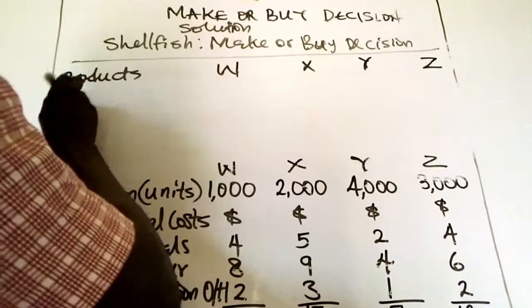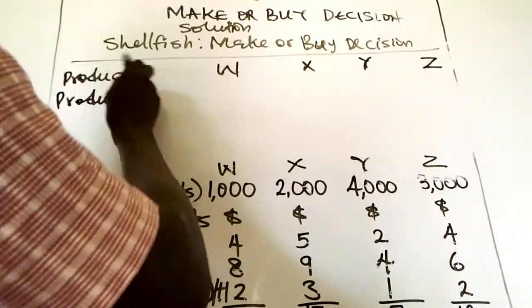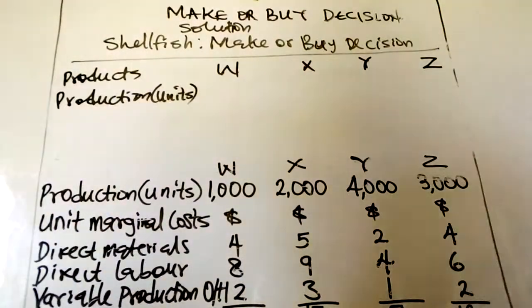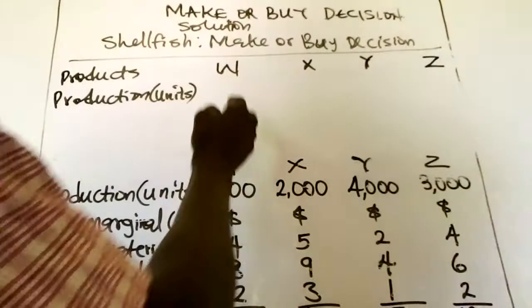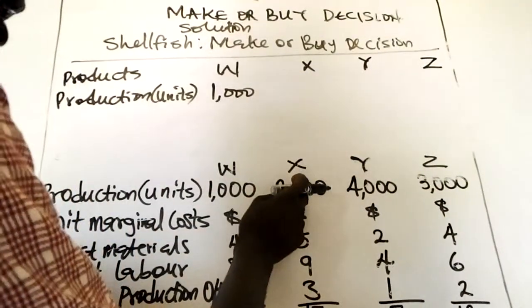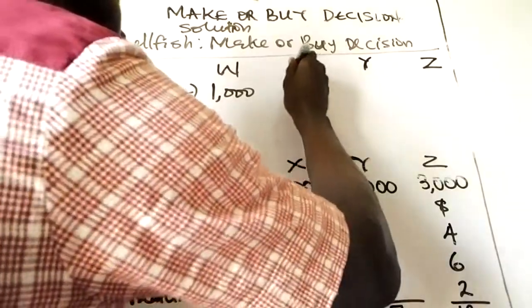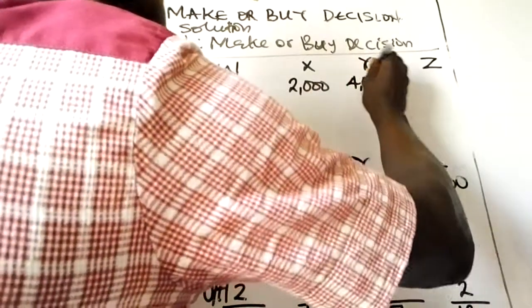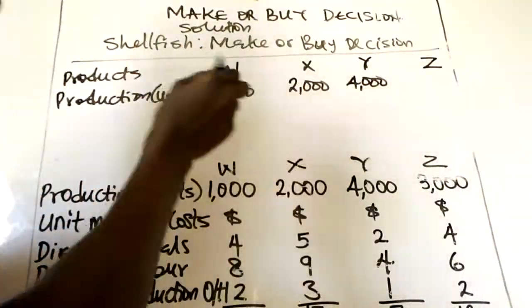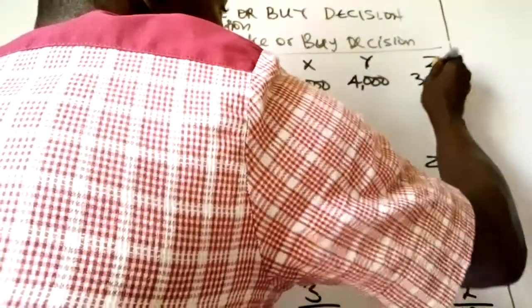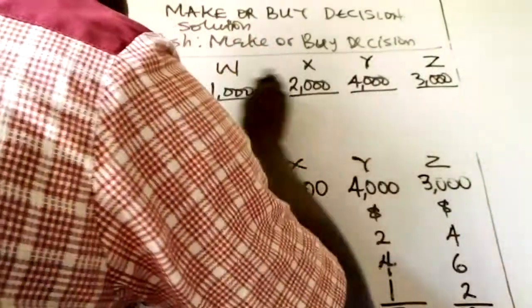We have production in units. For W, we have 1,000. For X, we have 2,000. For Y, we have 4,000. And for Z, we have 3,000.